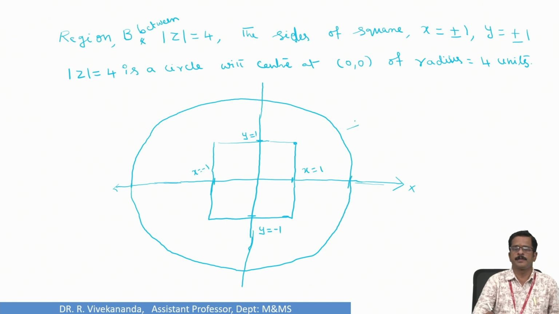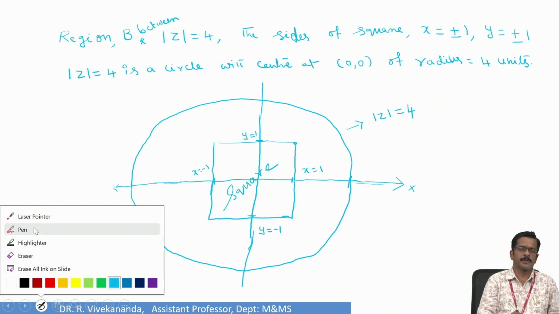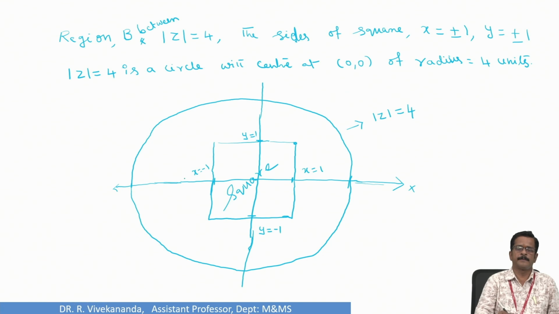So this is a circle of mod z equals to 4, and this is a square. Okay, now the region between circle and a square is this region.